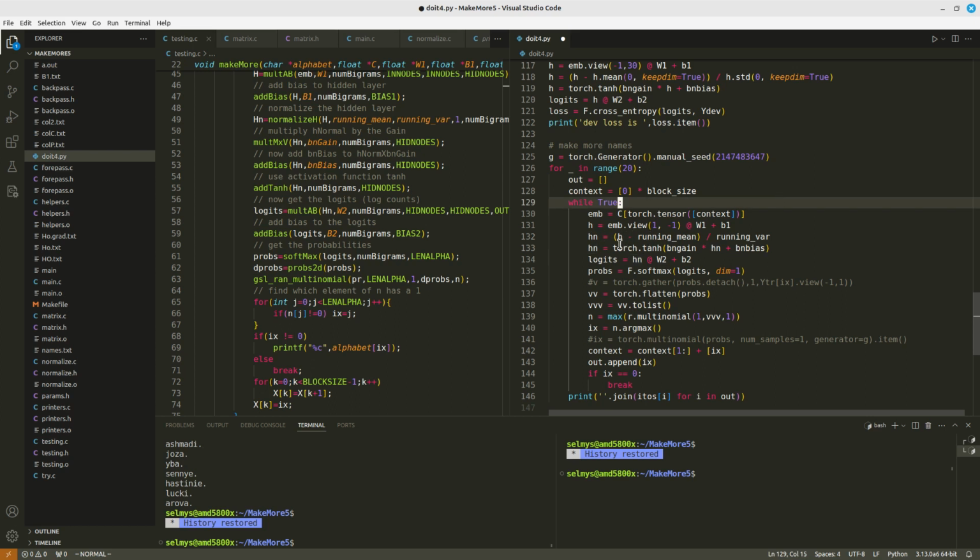Okay, so the normalization layer here is just H minus running mean divided by running variance. And then we can say Hn is equal to tanh H. And again, our gain and our bias here are used. And we then compute the logits, probabilities.